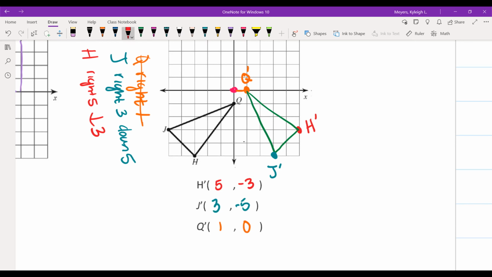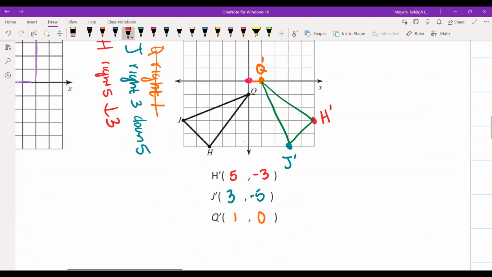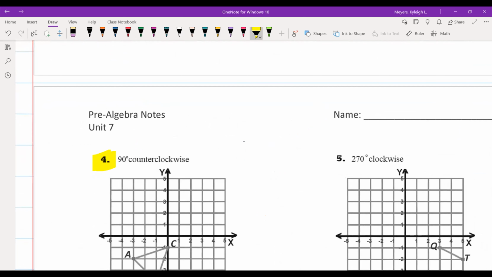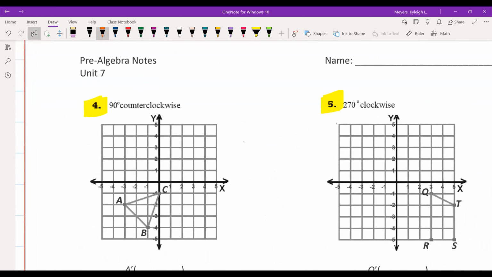Okay, I'm going to do one more with you. No, I want you to try 4 and 5 on your own. But I'll give you a hint. Counterclockwise goes to the left. And it's 90 degrees, so it goes to the left once.